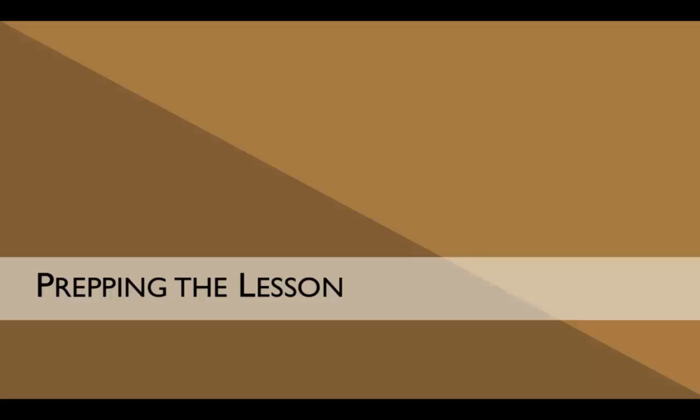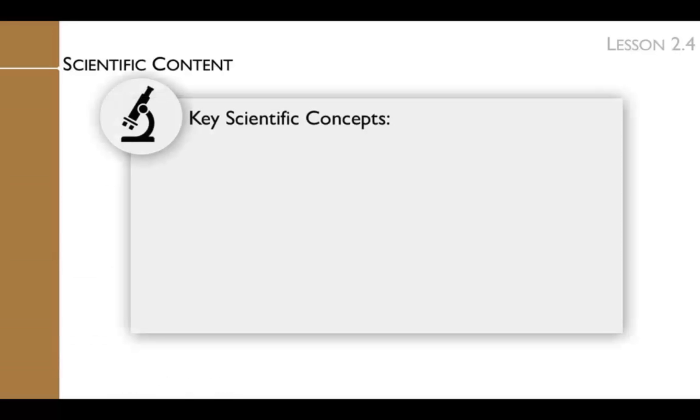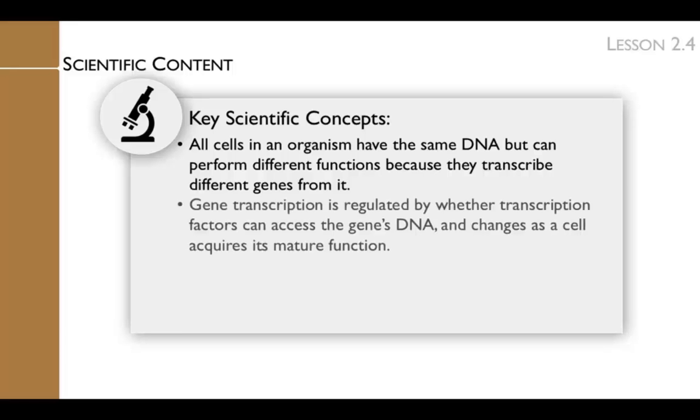To prepare for this lesson, you'll need to review the following key scientific concepts that will be presented throughout the lesson. All cells in an organism have the same DNA, but can perform different functions because they transcribe different genes from it. Gene transcription is regulated by whether transcription factors can access the gene's DNA and changes as a cell acquires its mature function.